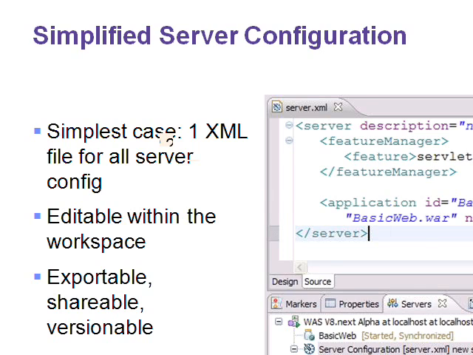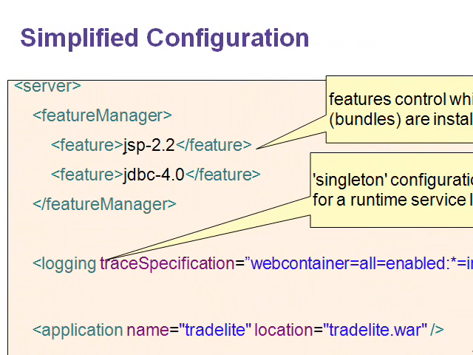Moving on to slide 18, this again shows a snapshot of the simplified configuration in server.xml. As you can see, there are two features enabled here, JSP and JDBC. There are some configurations which are singleton, as in which are configured once and would not change or would get overwritten if changed.